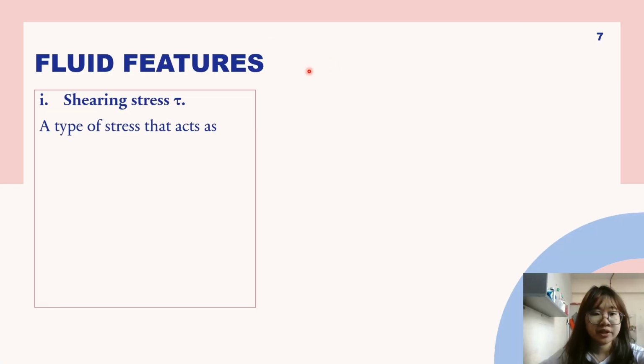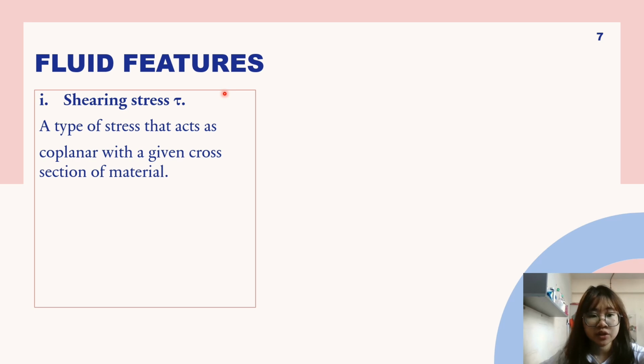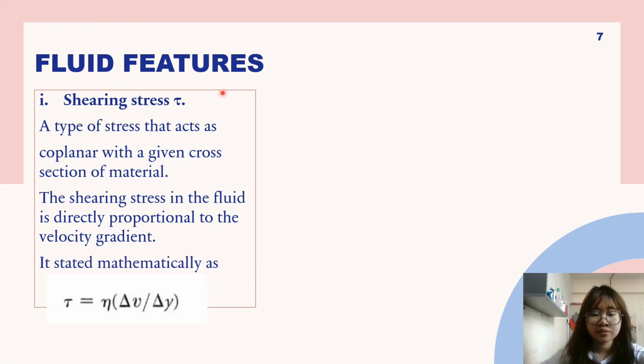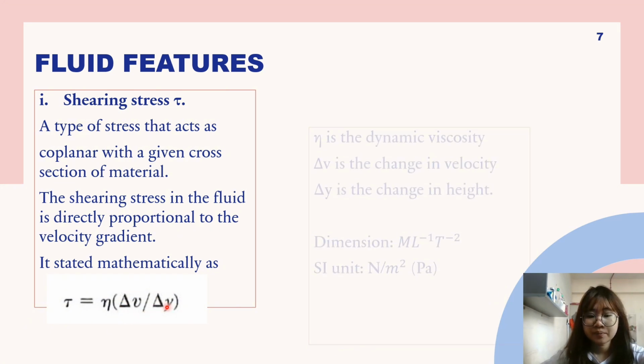Now I'm going to explain fluid features. One of the fluid features is shearing stress. This is a type of stress that acts coplanar with a given cross-section of material. Shearing stress in the fluid is directly proportional to the velocity gradient and is stated mathematically as this equation: tau equals eta times delta v over delta y.